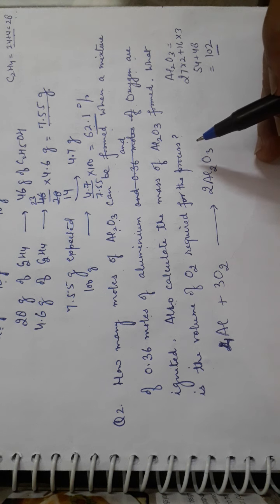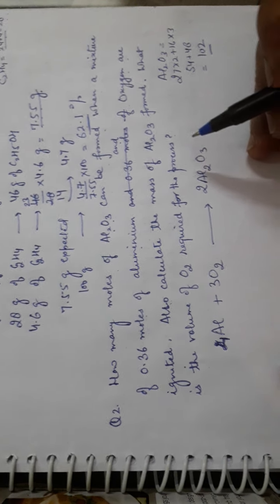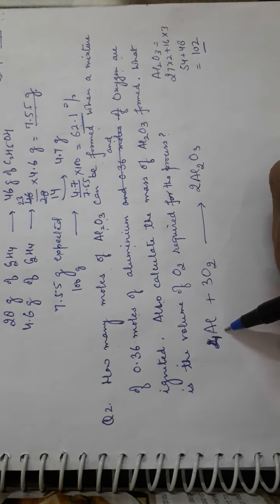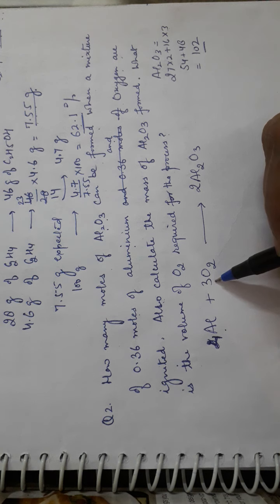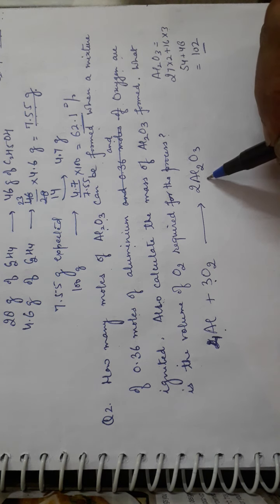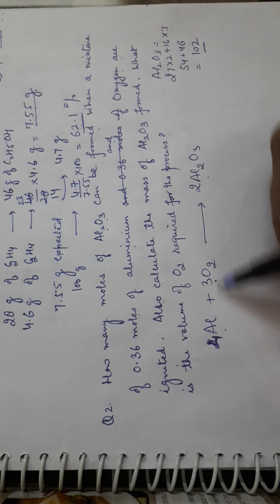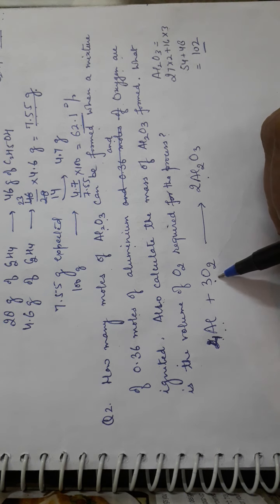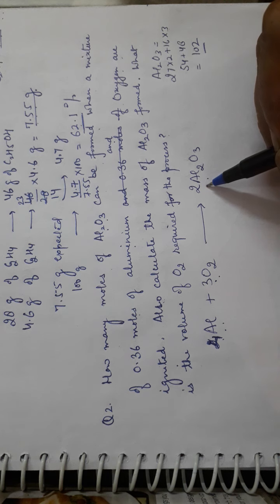So the first step is calculate the mass of alumina formed. We come to the basic balanced chemical equation. Aluminium gets ignited by oxygen to form alumina. On balancing, we get 4 moles of aluminium reacting with 3 moles of oxygen and producing 2 moles of alumina.